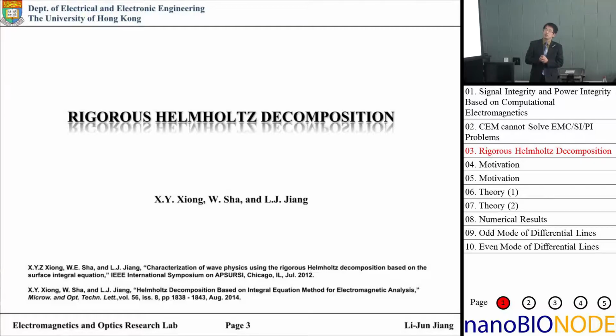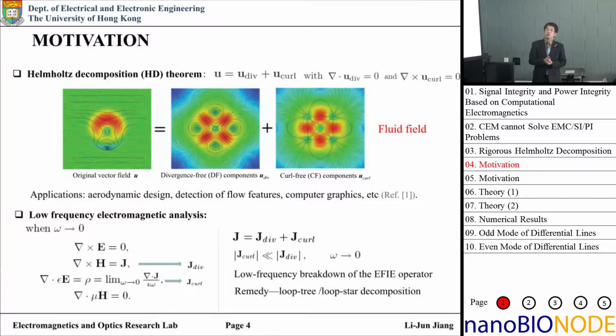This one is trying to use the rigorous Helmholtz decomposition to post-process the solved solution for signal and power integrity. Helmholtz decomposition is quite familiar to the CEM community. It was also popularly used for computational fluid dynamics.